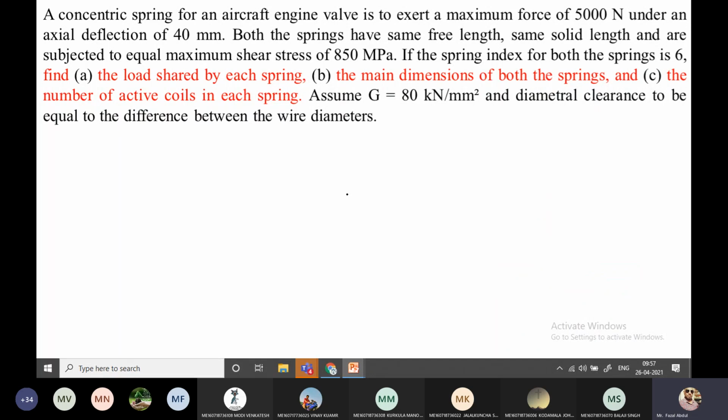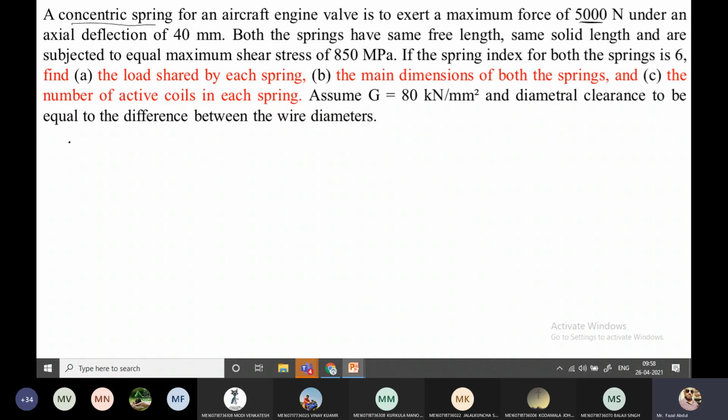So this is one numerical problem based on the concentric spring. Just by seeing the title you can conclude that this is a concentric spring type of problem. A concentric spring for an aircraft engine valve is to exert a maximum force of 5000 newtons.